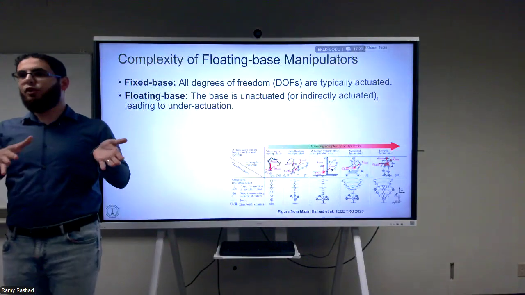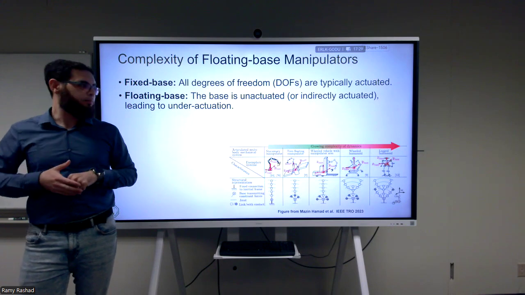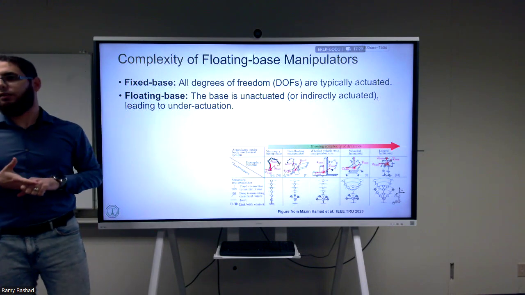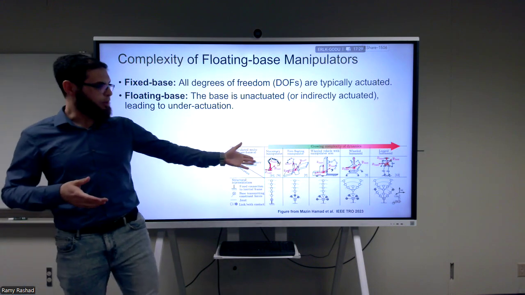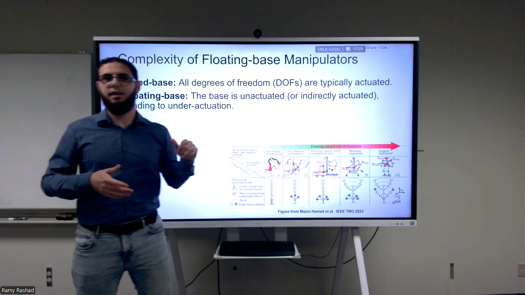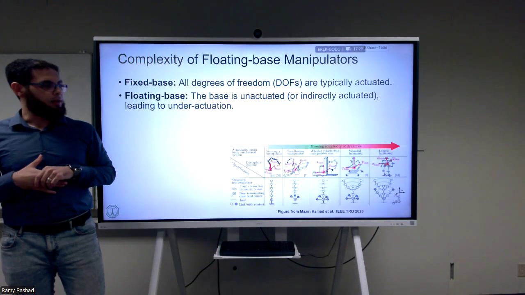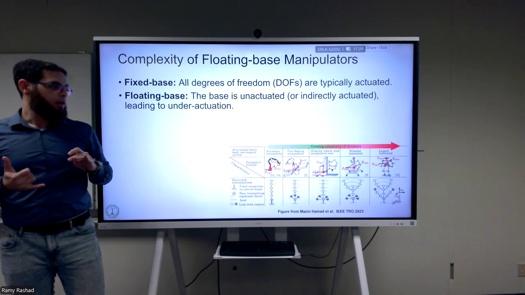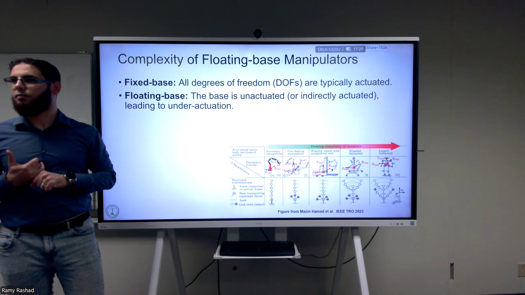So the bottom line is that a floating base manipulator is not something only in the books. It's really very practical, but it's very complicated. What we've been doing is here, and floating base manipulators go all the way in this direction. The more linkage that you have, the more complicated it becomes. When you start talking about contacts, this is also complicated.